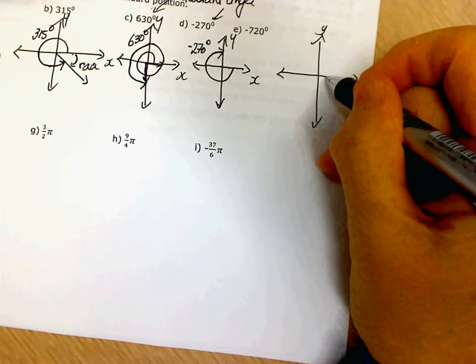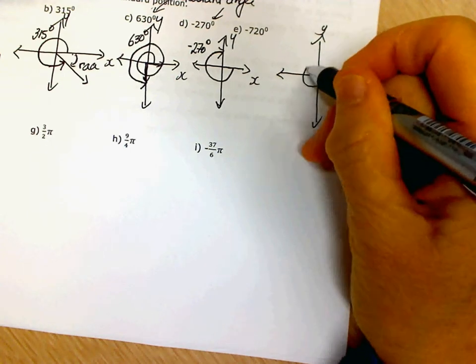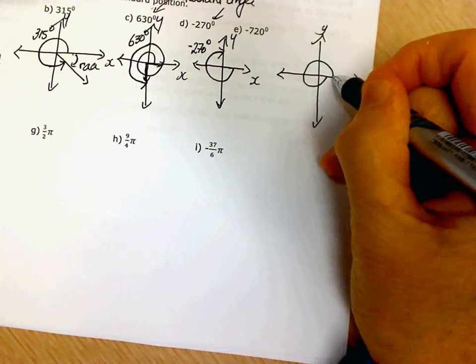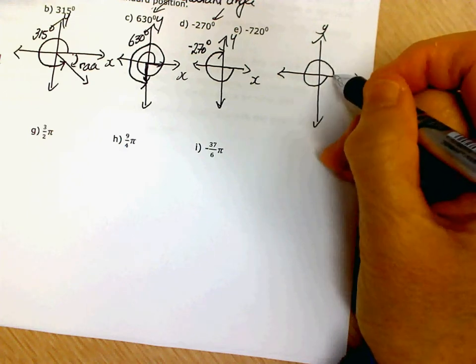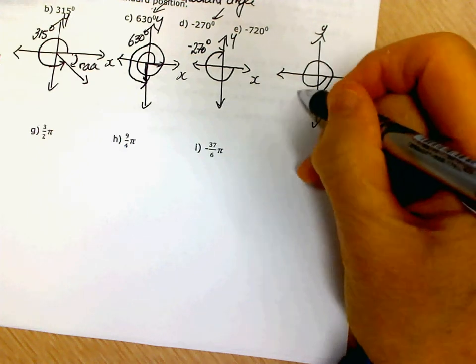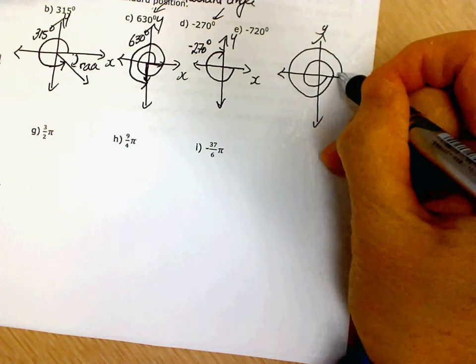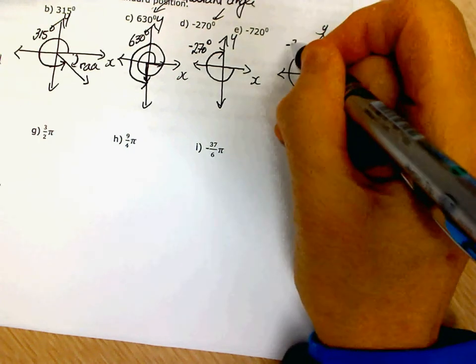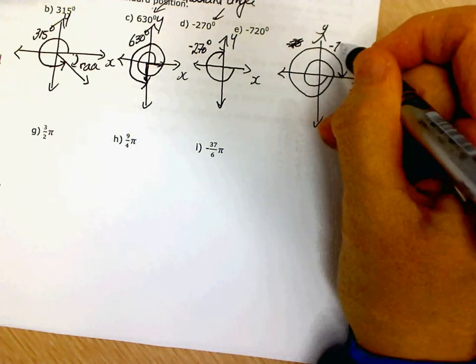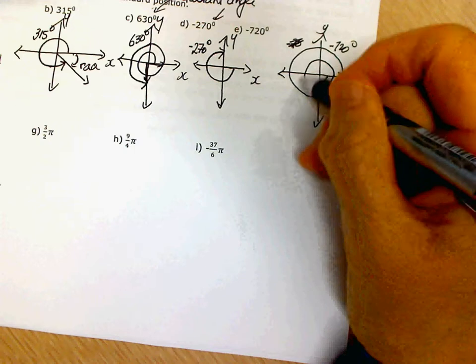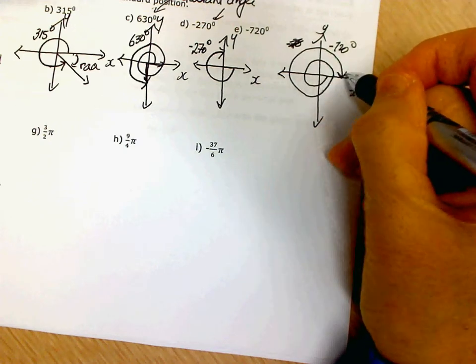So, this is going to be minus 360, right? We're going to have to go another minus 360 to get to minus 720. This is minus 720 degrees, and it's going in a clockwise direction.